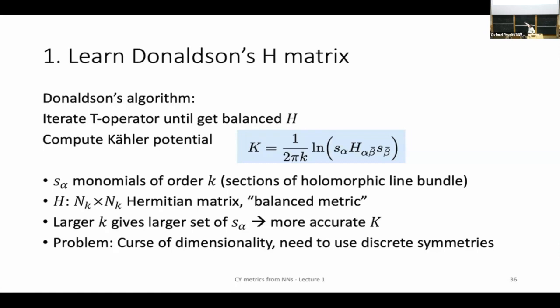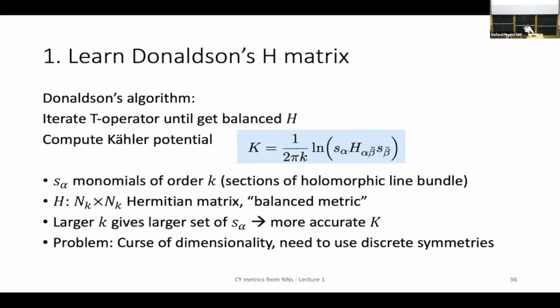And then what Donaldson's algorithm is doing is that it gives you a numerical scheme for how to iteratively compute better and better approximations of this Hermitian matrix H until you get to what is known as the balanced metric or balanced matrix. And this is a fixed point of this iterative scheme. So once you don't go any further, then you know that you've gotten to the right matrix, and this takes about 10 iterations, so it converges pretty fast.